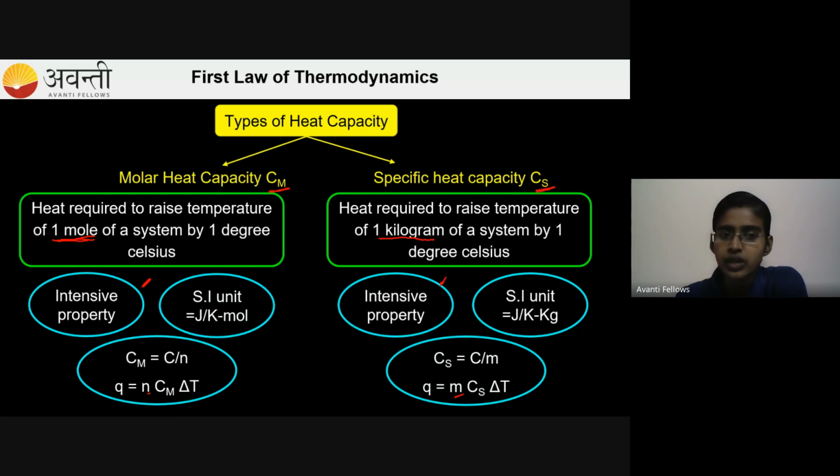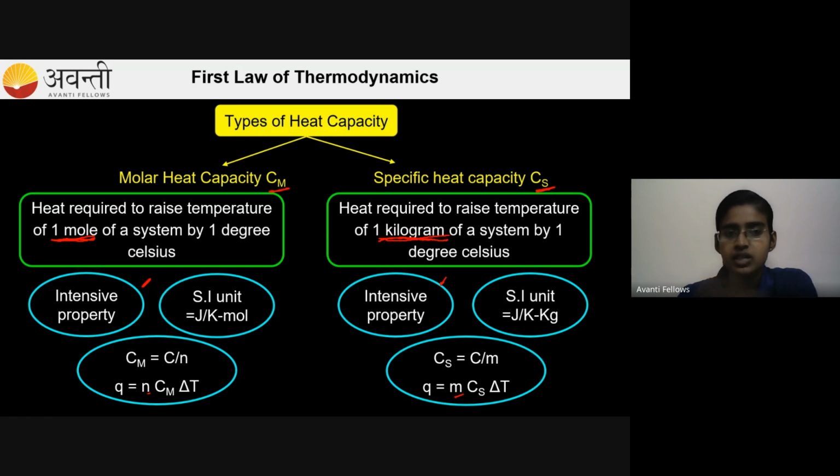The heat required to raise the temperature of 1 mole of the system by 1 degree Celsius is called molar heat capacity. The heat required to raise the temperature of 1 kilogram of the system by 1 degree Celsius is called specific heat capacity. Here it is mole, and there it is kilogram.